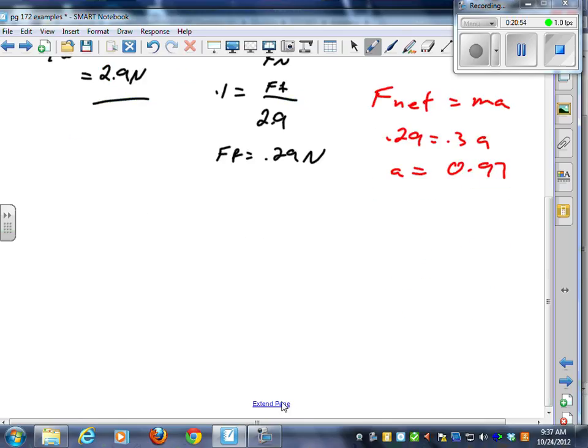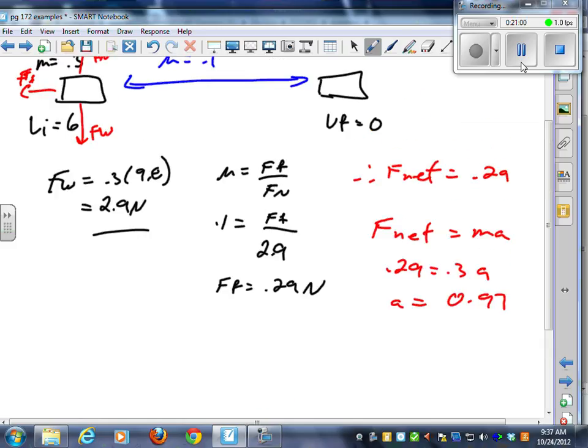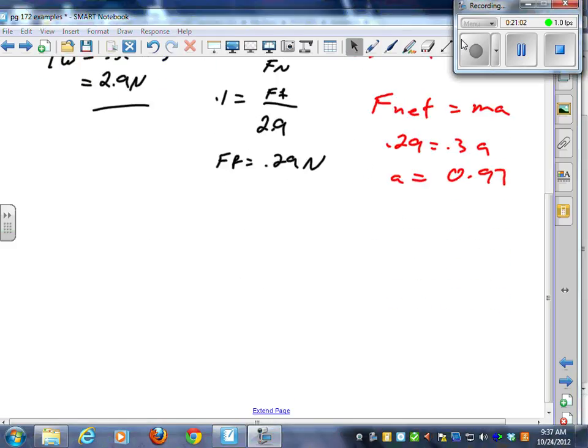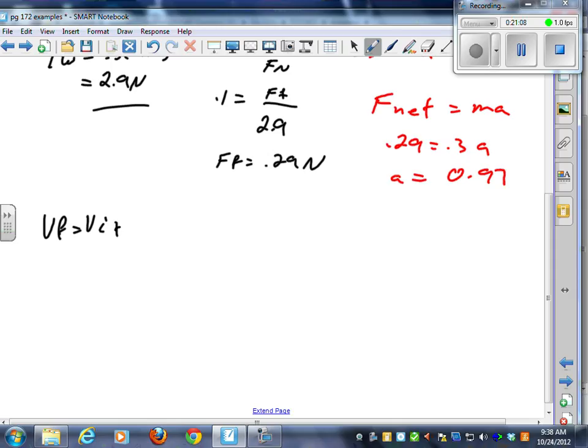Okay, so if I'm looking for the time, sure, am I going too fast? So now that I've got my acceleration, if I'm looking for time, I can go something like Vf equals vi plus at. We know the final velocity is 0. We know the starting velocity was 6. My acceleration now, should that acceleration be negative? Yeah. It should, right?